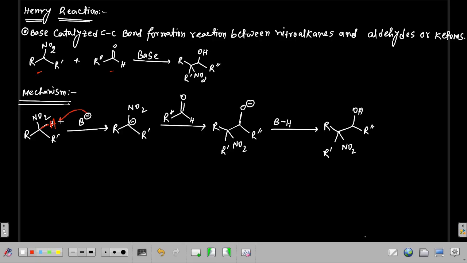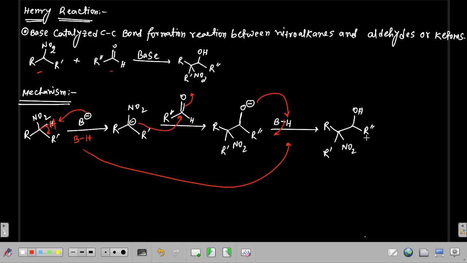Base will abstract this acidic proton, and it will form this anion. This anion will attack on the carbonyl group, and this leads to the formation of this alkoxide ion. This alkoxide ion will abstract the proton associated with the base, which was abstracted before, like here B minus will abstract the proton, and it will form BH, and this BH will be used here.